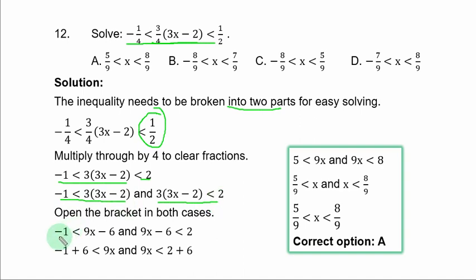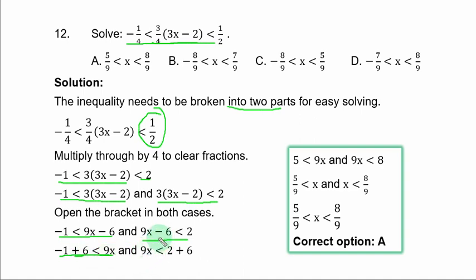So the first one, you have minus 1 less than 9s minus 6, and 9s minus 6 less than 2. If you collect like terms, minus 1, if you transfer minus 6, it becomes plus 6, then less than 9s.